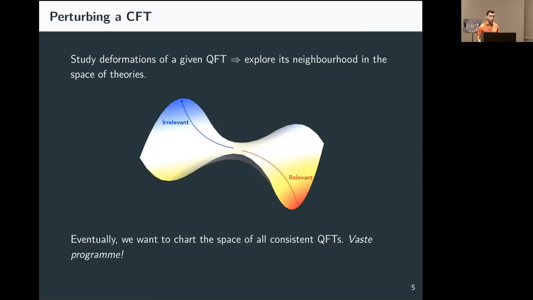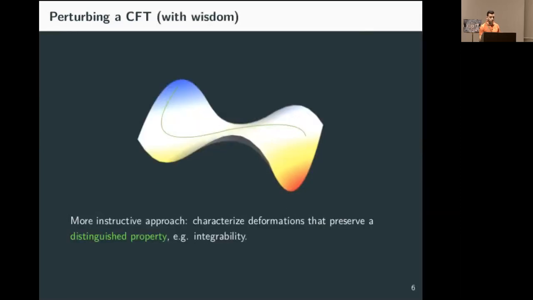But this is, of course, a way too ambitious program, and so we have to be smarter in our pursuit. So it is more instructive and much more useful in practice to focus on a distinguished property of our theory and characterize all deformations that preserve that property. Now, we would like such a property to be strong enough to allow for computations, but we don't want it to be too rigid, because otherwise we would be exploring an empty manifold.